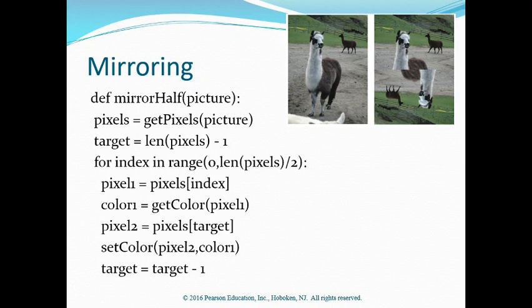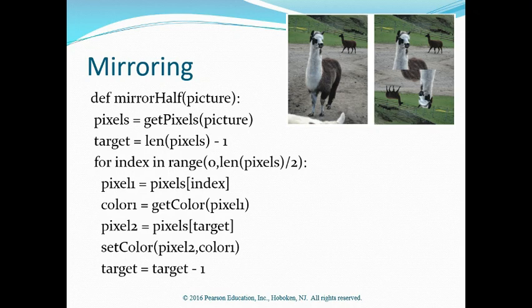So mirroring. In this example, we write a function called mirror half. It takes the picture object, does our normal get pixels. Our target is the length of pixels minus 1. Then we go through the length divided by 2, so we're only going to get the top half of the pixels. We go through each pixel. We assign that to a variable called pixel 1. We get a variable called pixel 2, which is at the target, right?